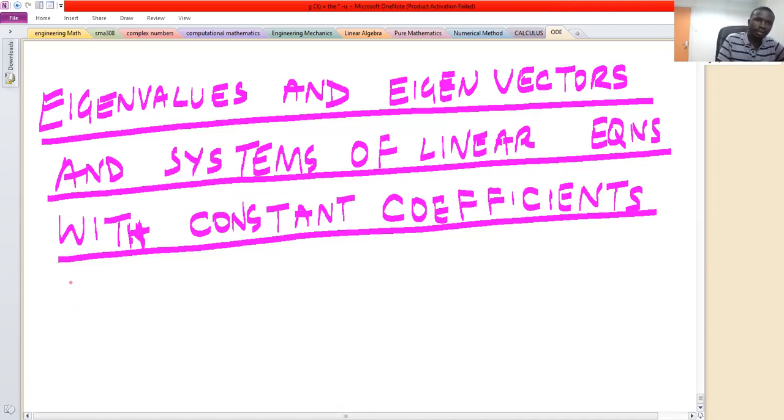So let's start by defining what we mean by eigenvalue and eigenvector.